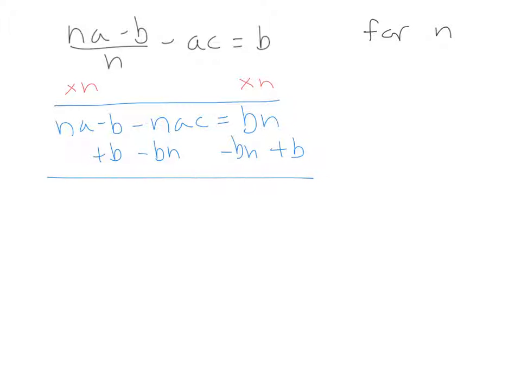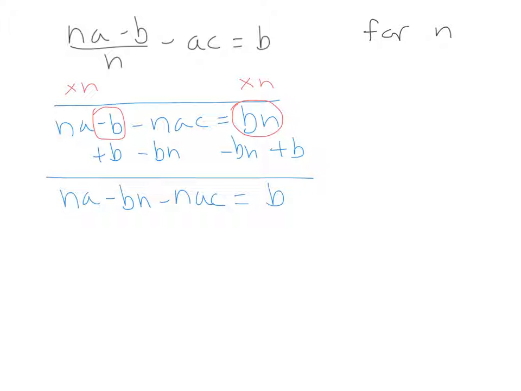And the result of that, if you're careful, is going to be na minus bn minus nac equals b. In other words, I've added b to both sides to get rid of this guy, and I've subtracted bn from both sides to move this guy to the other side.